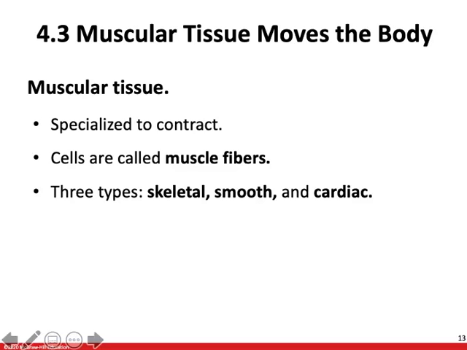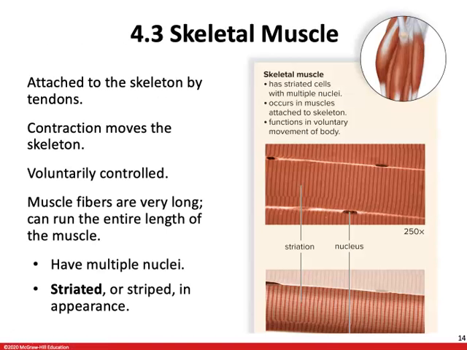Cardiac muscle is only found in the heart, ultimately responsible for pumping the blood to the rest of the body, and it's involuntary. Smooth muscle is found in the walls of hollow organs, for example the stomach, blood vessels, bladder, and uterus. It is responsible for propelling substances or objects through internal passageways, and is also involuntary in its control.